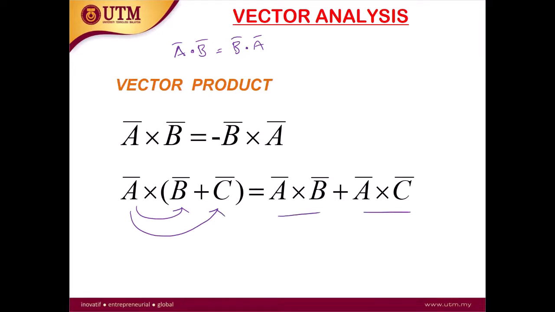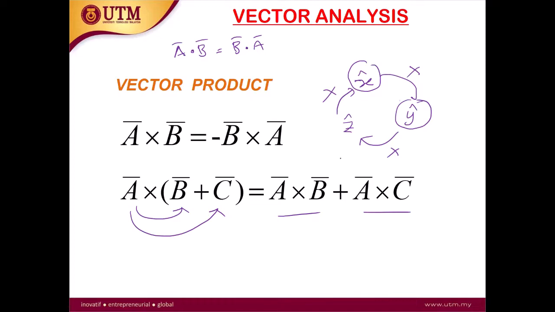Normally I will draw this diagram to make sure that you will not make any mistake. For example, in Cartesian coordinates, I have X, Y, and Z, and this is the direction of the cross product. Let's say I have a vector in the X direction and I want to cross product with a Y component.